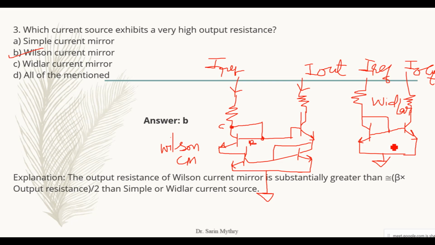Our main aim is that the current mirror should have infinite or very high output resistance. This setup will always give us a very high output resistance compared to the single connection of a Widlar or simple current mirror. So ultimately option B will be the correct one, because the Wilson current mirror exhibits very high output resistance compared to the Widlar current mirror or simple current mirror.